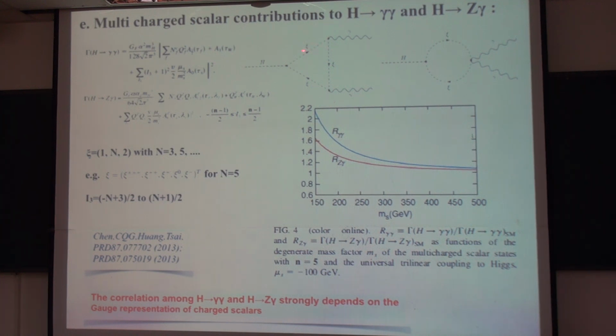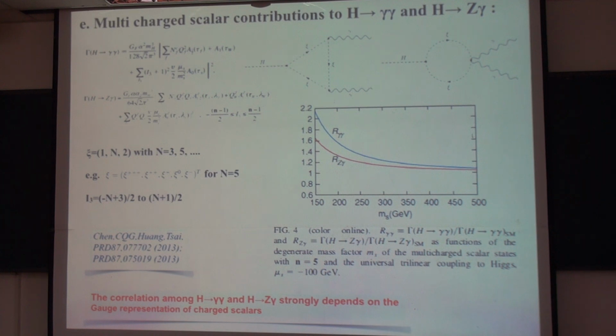This is the multiplet charge, and this is the rate for H to 2 photons, also H to Z photon. And this is the prediction for n equal to 5. For n equal to 5, clearly the rate gets enhanced, and it is easy to understand the other results and the previous CMS result too.